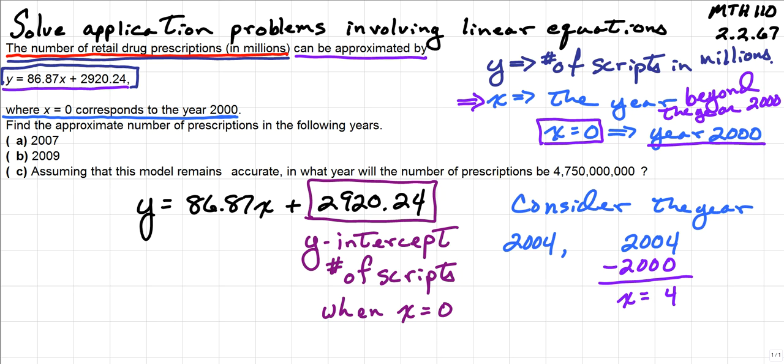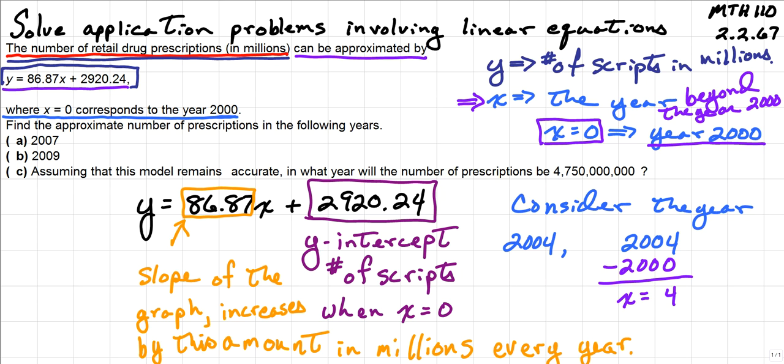In addition, we want to look at this number right here, and this is going to represent the slope of the linear equation or graph, and that's going to be equivalent to the number of millions of scripts that we increase by every year.